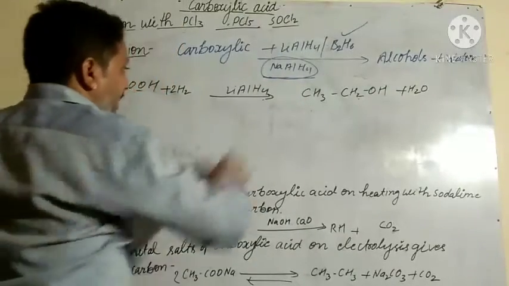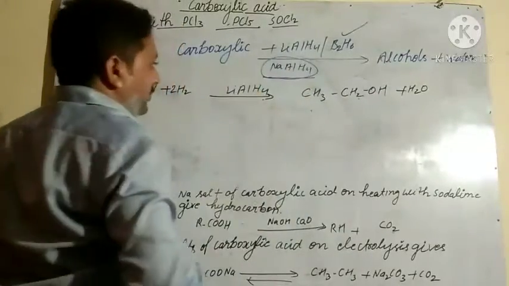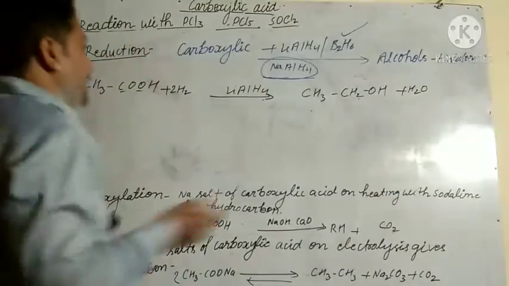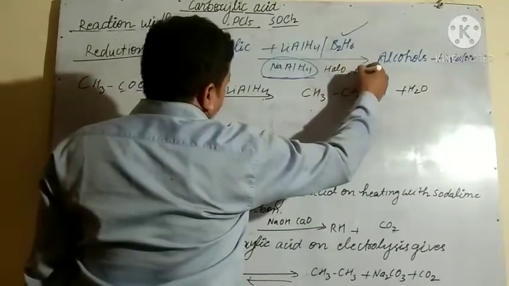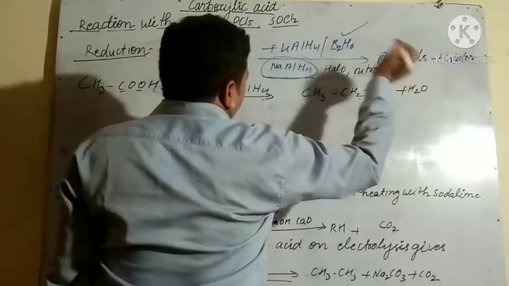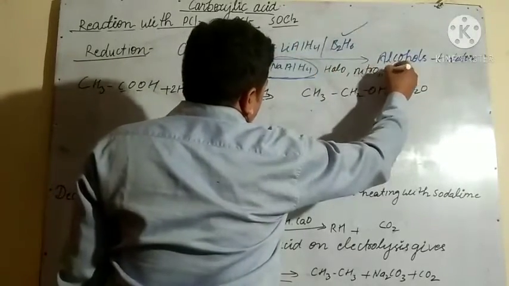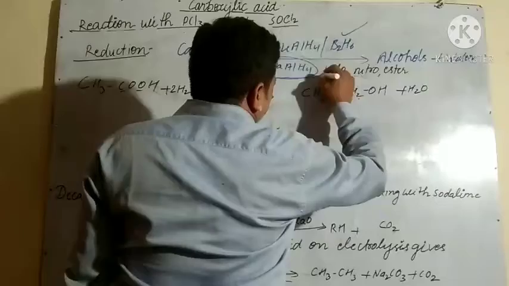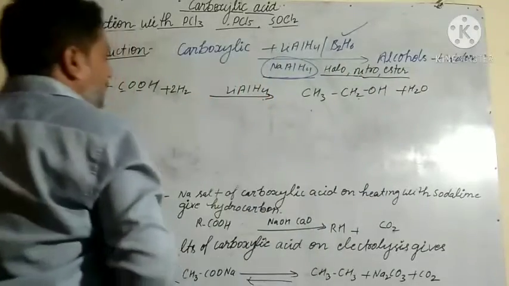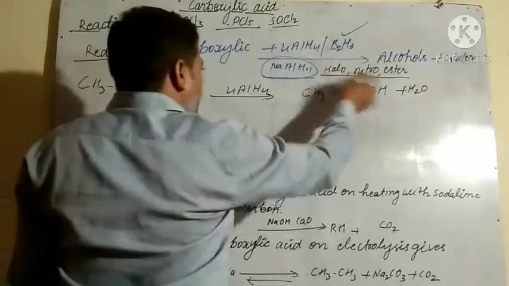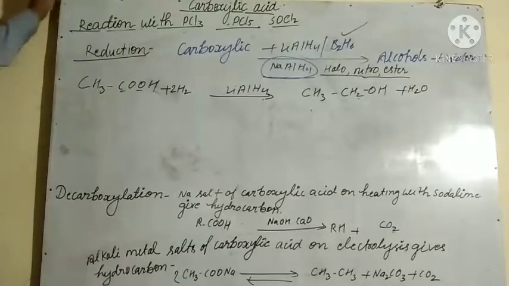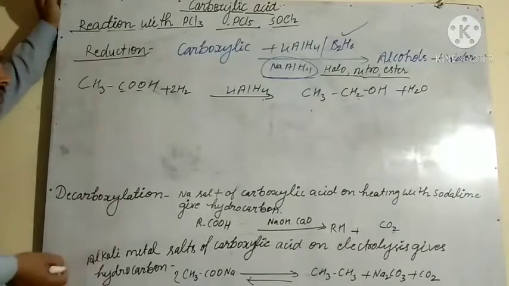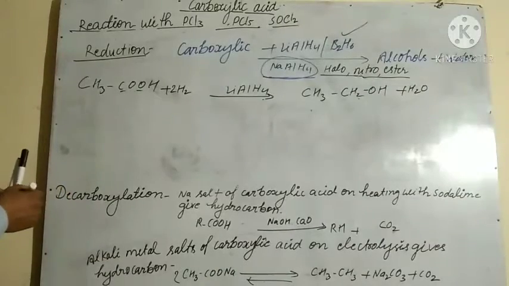It can't reduce halo compounds, nitro compounds and the ester functional group. If halogen or other groups are there, it can't reduce them, but it can also be used as a reducing agent. So if we take another one, what can we take?